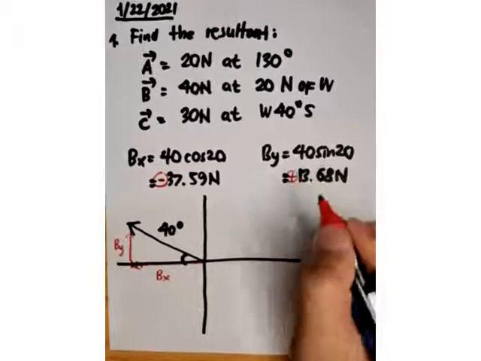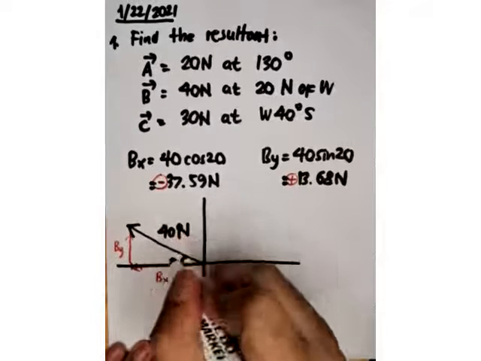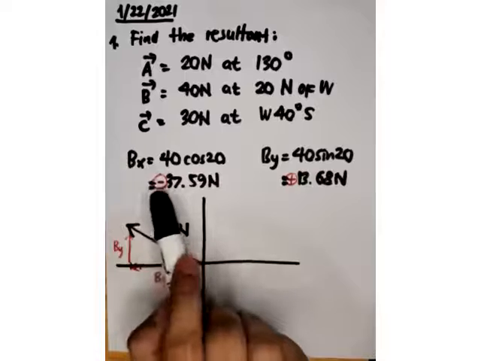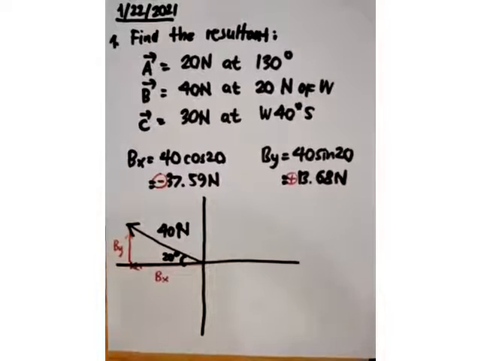So, tama na positive siya. So, ang tamang BX is negative at ang tamang BY ay positive. Nakuha nyo ba?